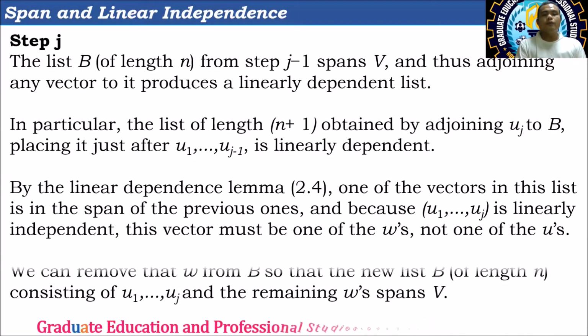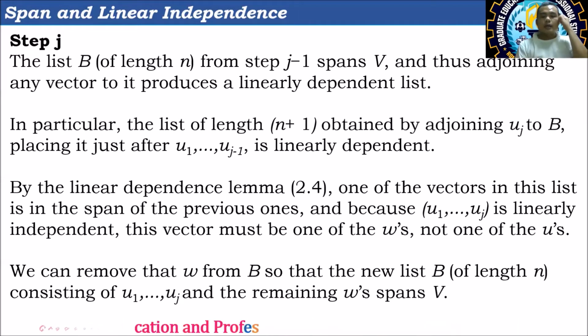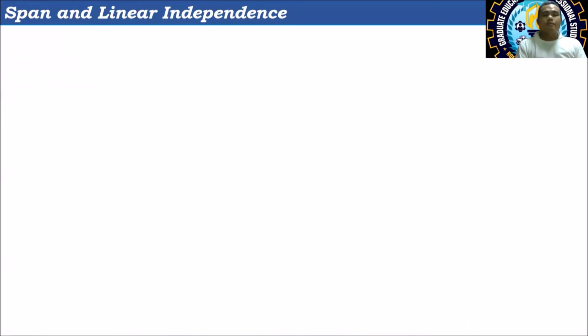So we can remove that w from B, so that a new list B of length n consisting of u's and the remaining w's spans V. That is what happens because we keep replacing. After that, we will have again step m.